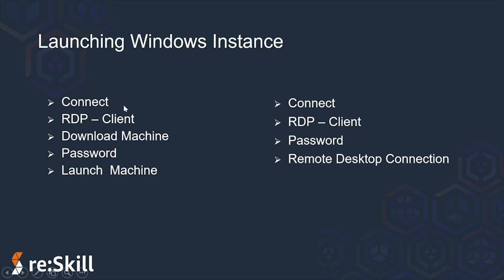We can go to the RDP client section, download the machine file, decrypt the password, and launch the machine. Or we can go to connect, RDP client, decrypt the password, and then use remote desktop connection, which is a pre-built application in all the Windows devices we have on a local machine. I'm going to show you both of these methods. You can choose any.